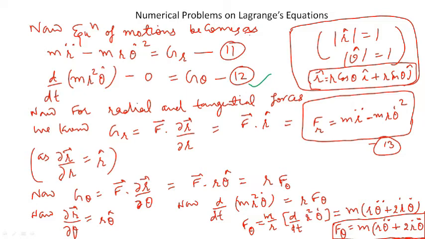Now you know that for the radial and tangential forces, we have written that your Gk was equal to F dot del r over del qk. Similarly, here for gr we can write F dot del r over del r. Here you know that earlier your r vector you can write as r cos theta i plus r sin theta j. Here i and j are the unit vectors, right? So when we find del r over del r, it comes out to be unit vector r.